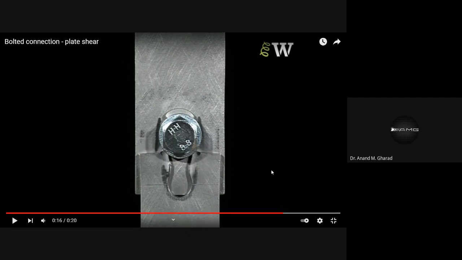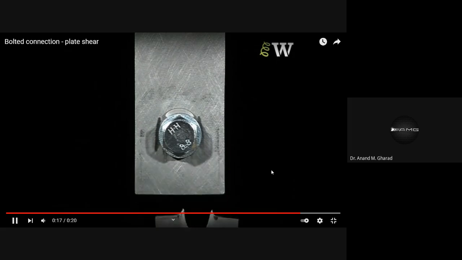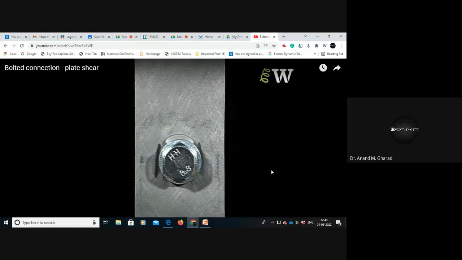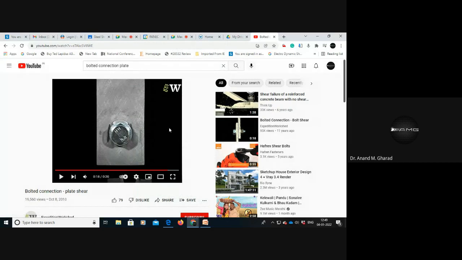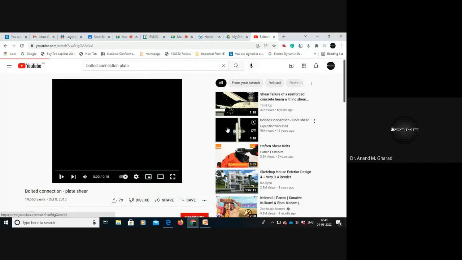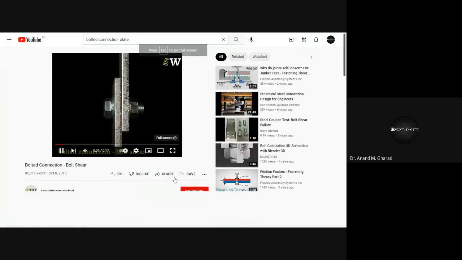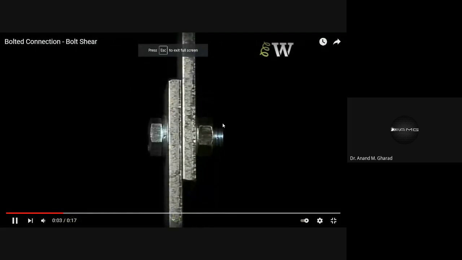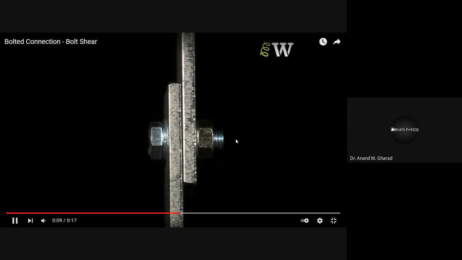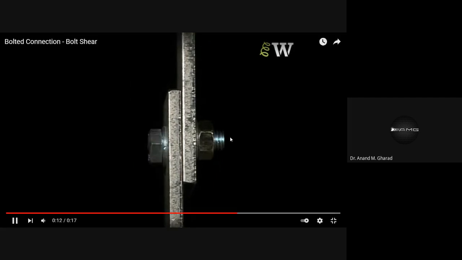So this is how the shear failure is for the plate connection, and this may take place in your bolt as well. So here it is. Here is the explanation or the experimentation. You can see over here. Pull is applied. Yes.